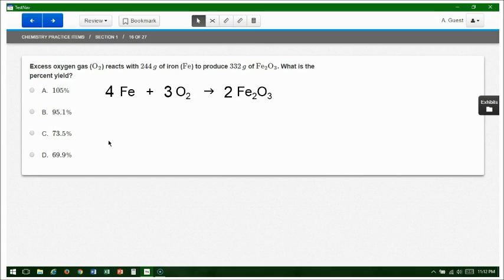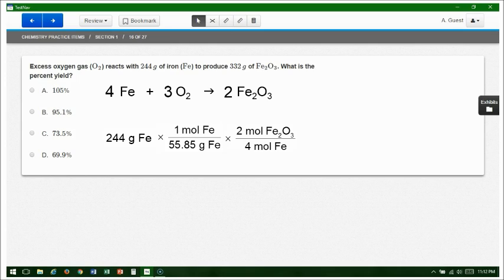Now we are going to do a grams to grams conversion, starting with 244 grams of iron. The periodic table is our first step. So 1 mole of iron weighs 55.85 grams, so we go from grams to moles. The coefficients are the second step. So moles of iron on the bottom, moles of Fe2O3 on the top, and that ratio is 2/4.